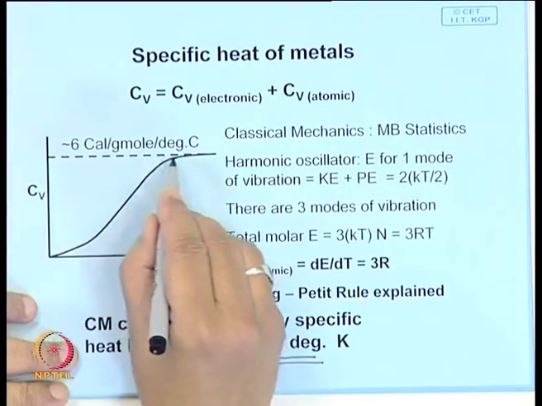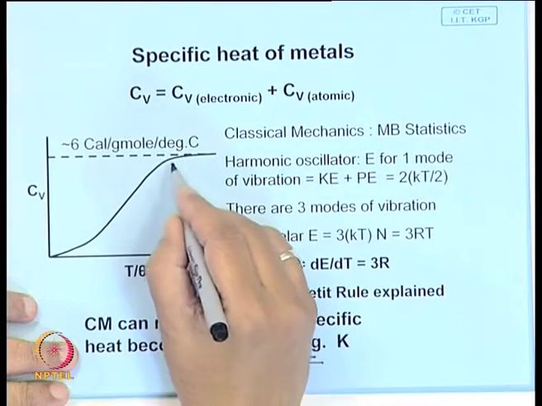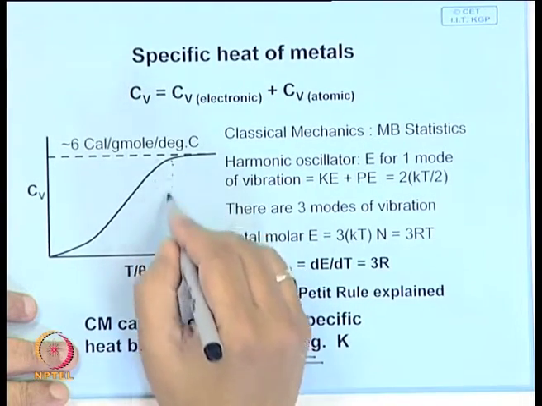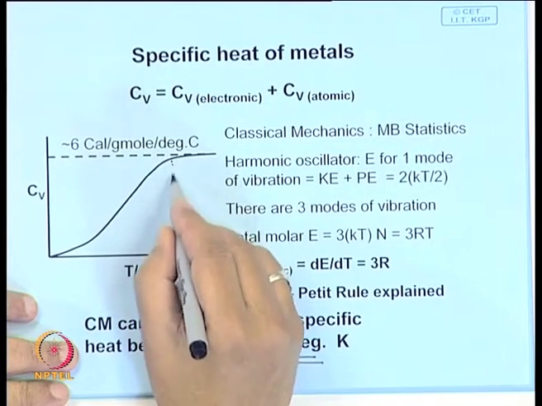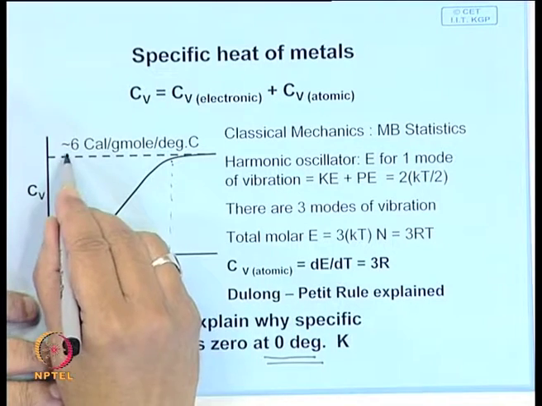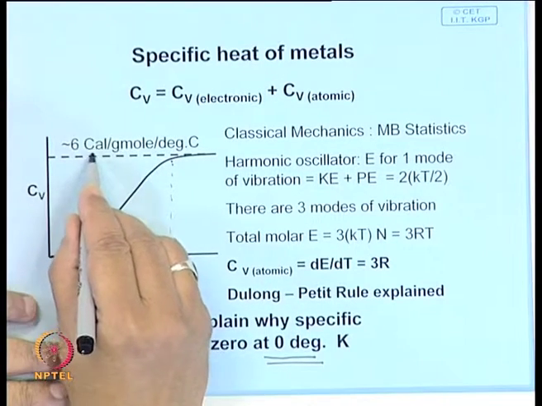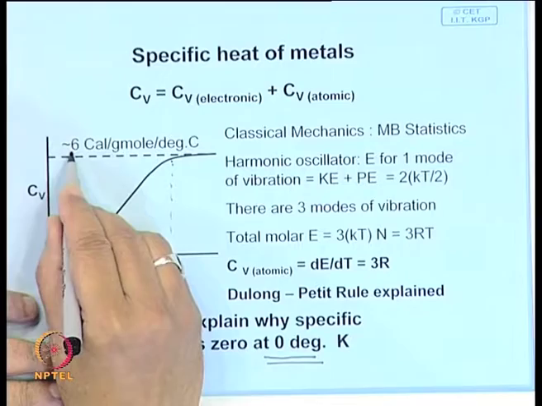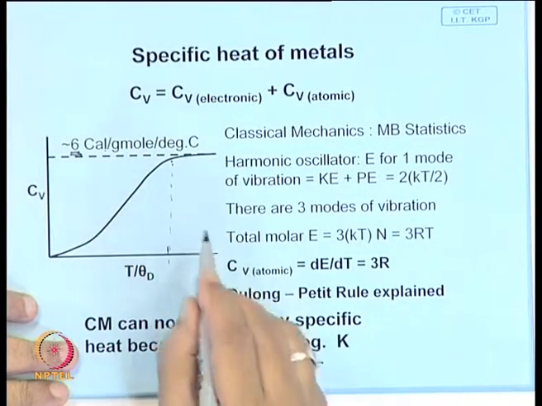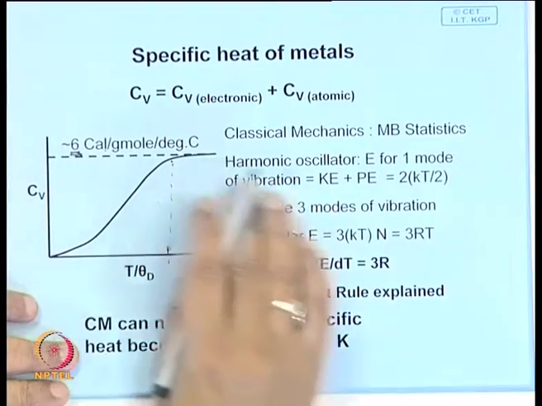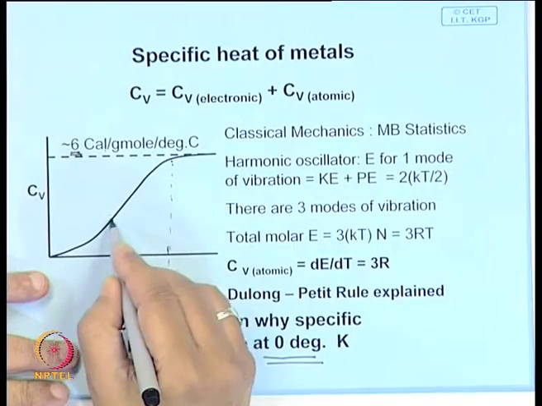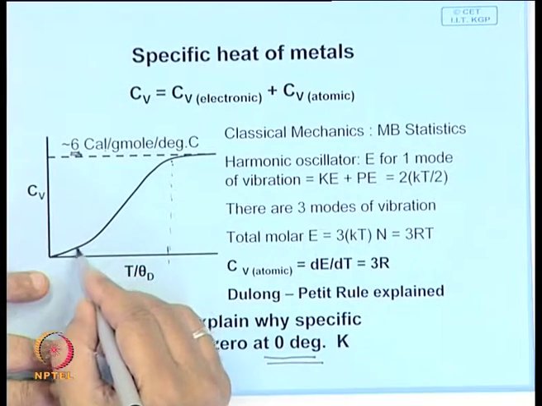That means at a higher temperature or room temperature, which is considered quite high for most metallic materials, most metals have a molar specific heat of around 6 calorie per gram mole per degree Kelvin. So, it can explain that, but when you go to a lower temperature, it gradually goes down to 0.